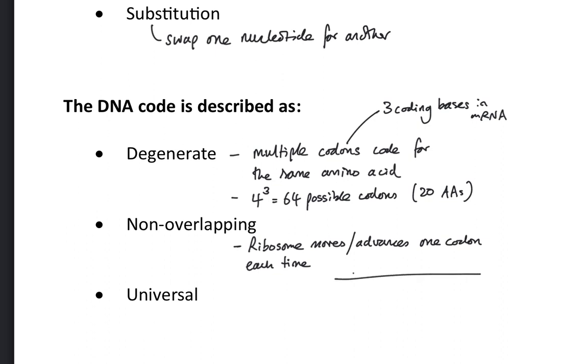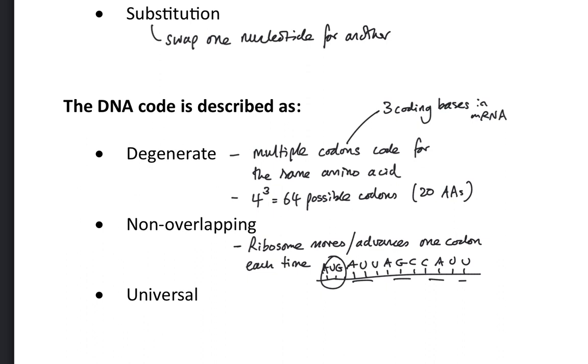So if I had a sequence of, here's a bit of mRNA. So let's give it an mRNA code. So I'm putting no T's in it now. So yes, the ribosome will bind on, and it always starts at AUG. So it's going to start here, and then it's going to advance 3, 3, 3, 3.